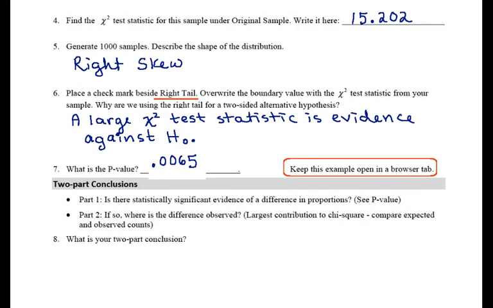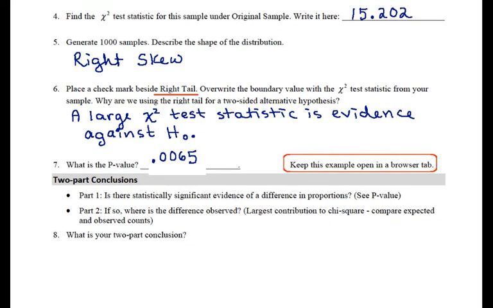But for our conclusion on a multiple comparison type of test, we have two parts. Part one is just based on the p-value. So based on this p-value of 0.0065, how strong is our evidence against the null hypothesis? Pretty strong, right? This is a very small p-value.